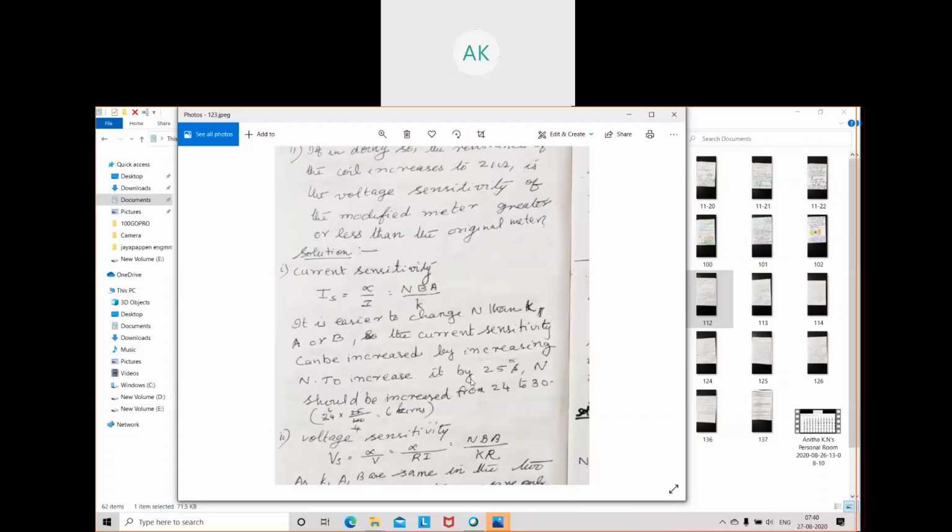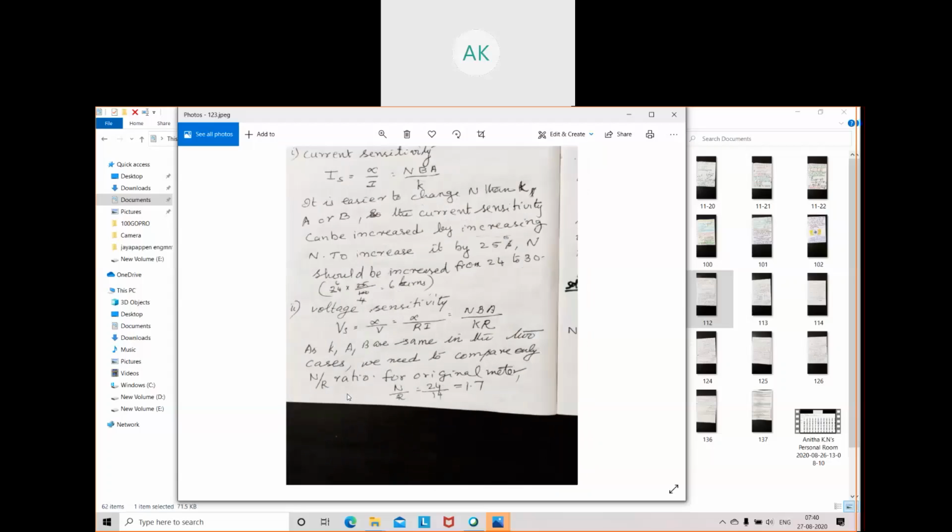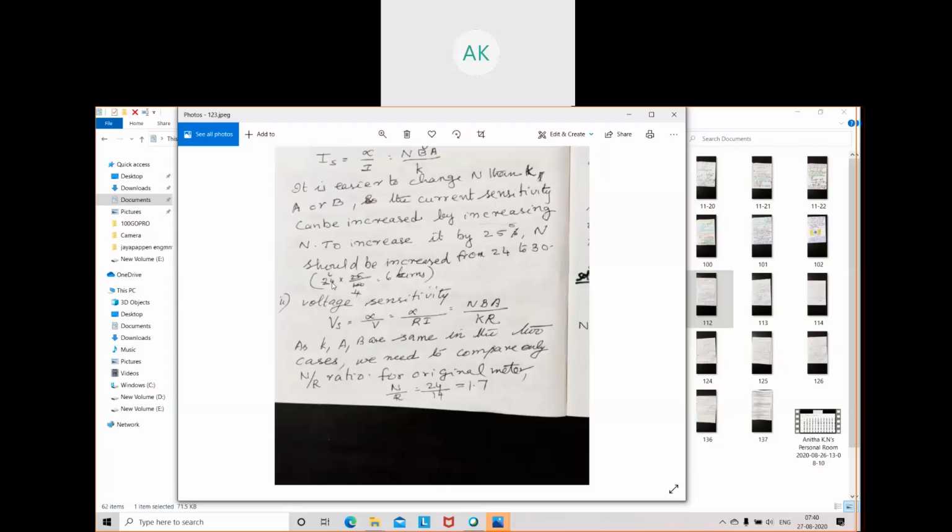To increase it by 25%, N should be increased from 24 to 30. Already it has 24 turns. Current sensitivity and N are directly proportional, so to increase the current sensitivity by 25%, you have to increase the number of turns by 25%. 24 into 25 by 100 gives 6.